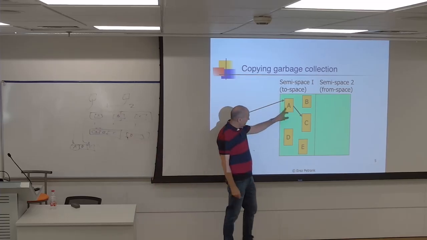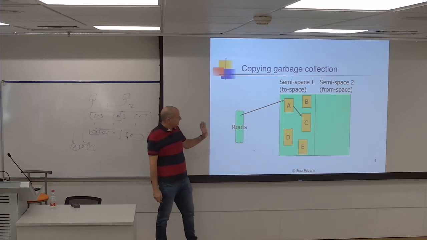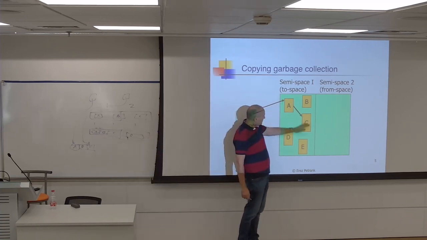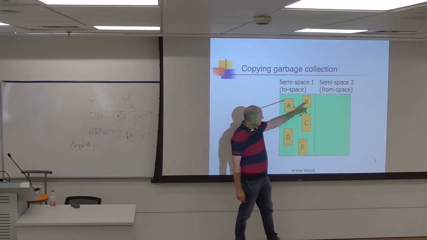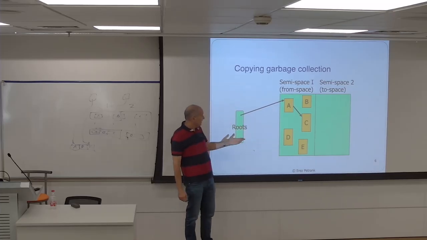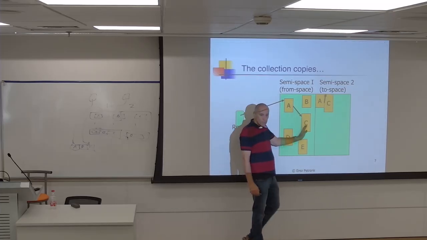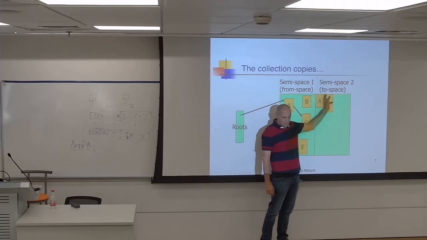This is a drawing of that. So suppose A and C are reachable from the roots, and we start with working in this space. Now we'll reverse the roles. This will become from space. This will become to space, and we'll start copying. So we'll go through anything that's reachable and copy it here, and of course fix the pointers.